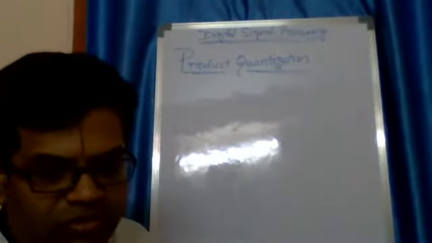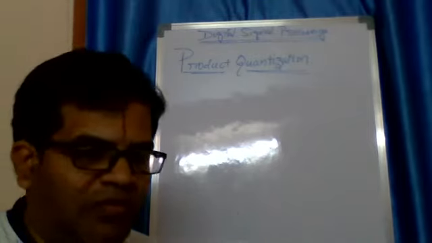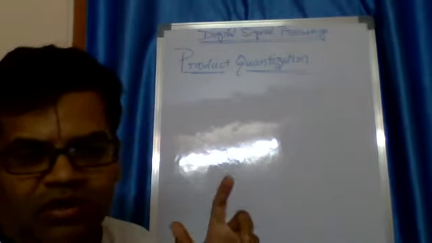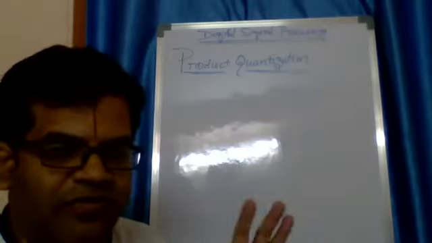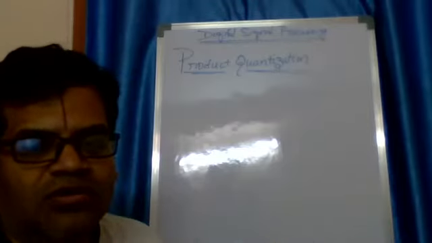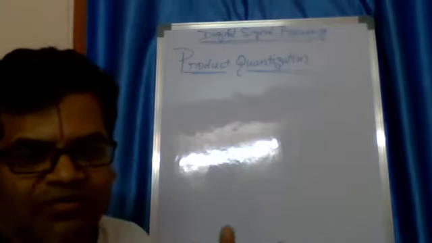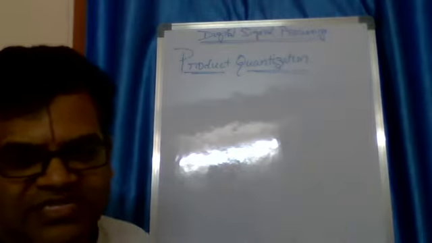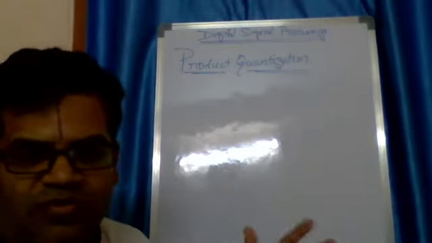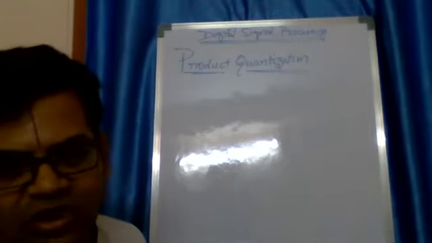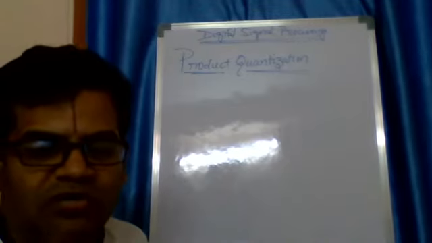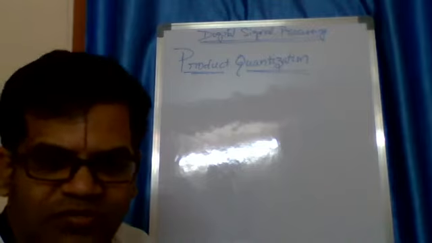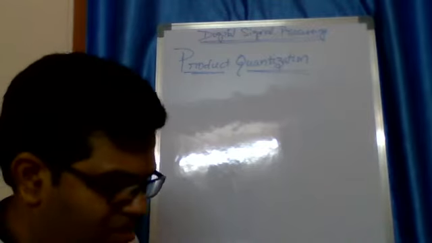The output from the multiplier will be stored in the register, which is of finite length. If the product obtained after multiplying exceeds the length of the register, it obviously has to be quantized. Because of that quantization, you have the error that is observed, which is called product quantization error.